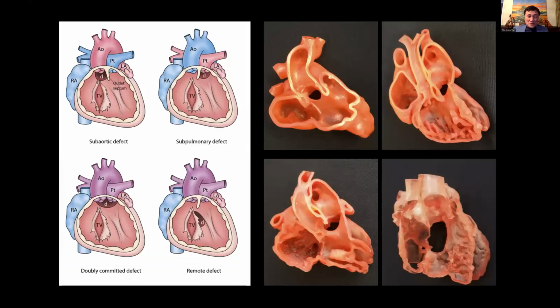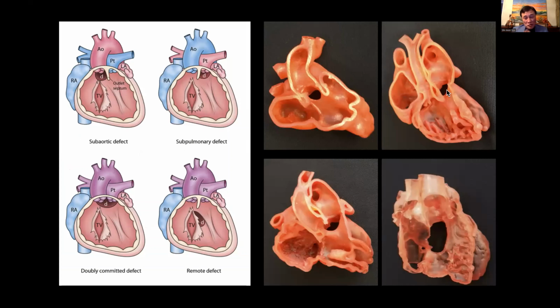Okay, so this is a representation in the 3D print model. This is a classic subaortic VSD with the outlet septum to the left margin of the VSD. And this is the classic subpulmonary VSD.